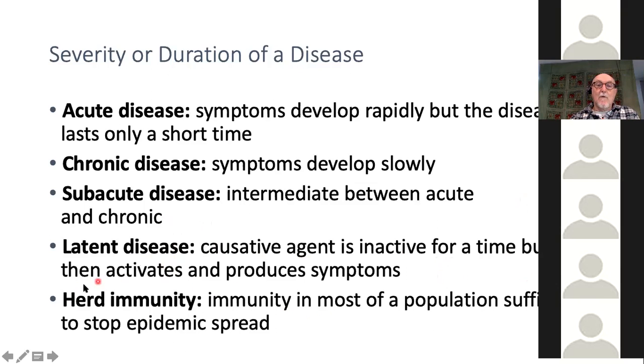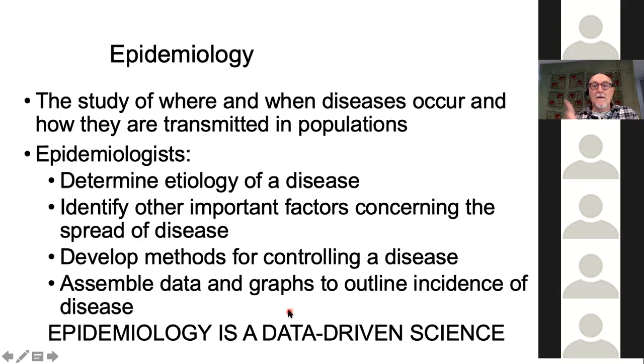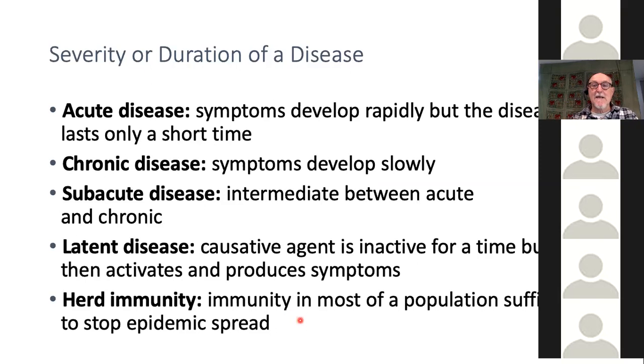Now, I want to say a word about herd immunity, but I'm going to leave it until a little bit later, because I have some slides to show you on herd immunity, and we want to have a specific discussion about it. I'll simply say this for the moment. Herd immunity is a term which is particularly applied to situations where we apply vaccination very widely in a population, and we make enough people in the population immune to disease that the pathogen itself has no route to somebody who can be infected.